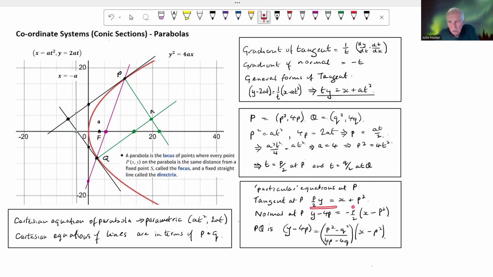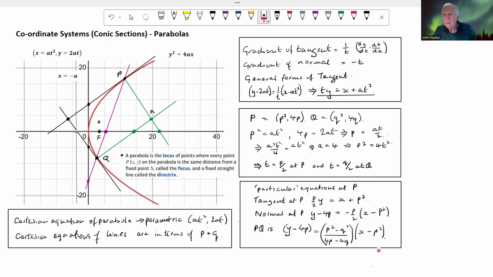So that will give us that, and we can rearrange this, obviously, and make it explicit in y or whatever we want. The normal at p, in the same way, if we substitute minus t in there, y minus y1 equals the gradient times x minus x1. That's what we've got there, and again, we can rearrange that.